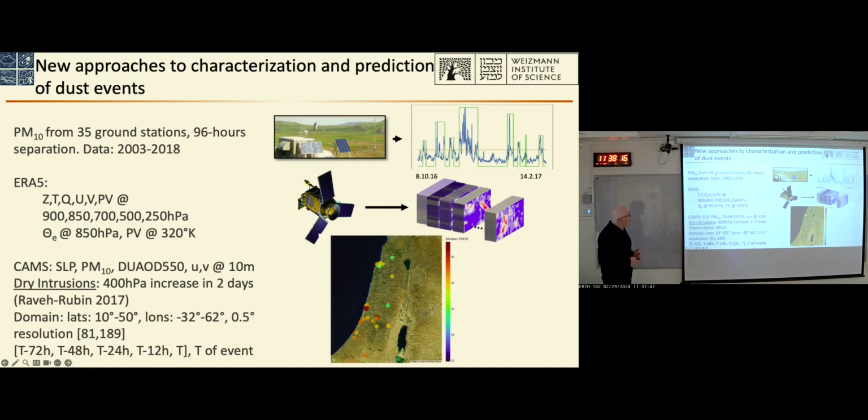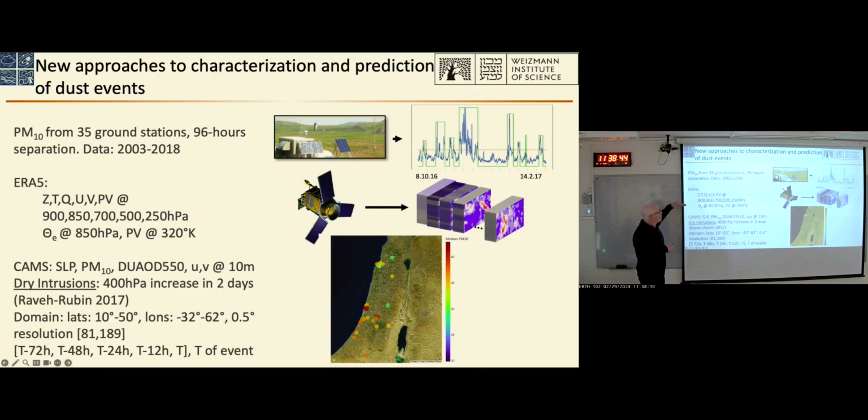So what we did here, we took PM10 data, particles less than 10 microns, dust, from 35 ground stations in Israel. We have data from 2003 until now. This is the record. And then we can take ERA5 reanalysis data for the entire Mediterranean region, or CAMS, which is also reanalysis data.